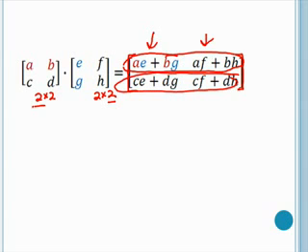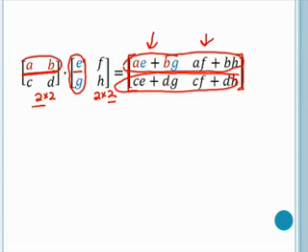But notice, to get the product, we don't just take the corresponding elements and multiply them together. It's not just AE. We take the numbers in the first row times the numbers in the first column.